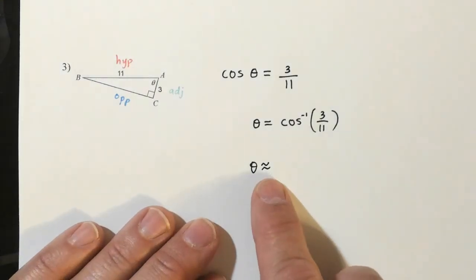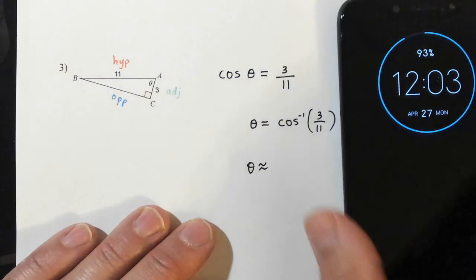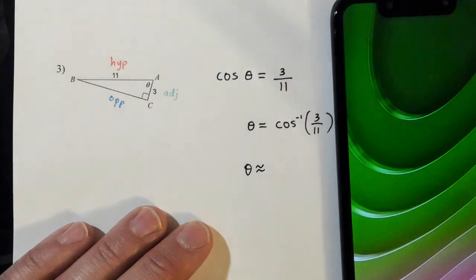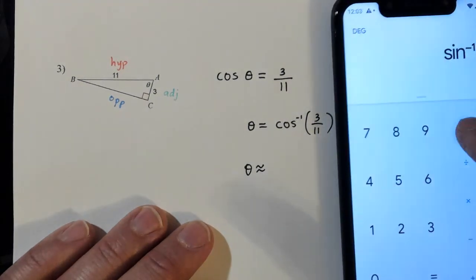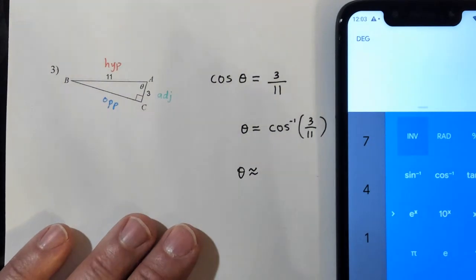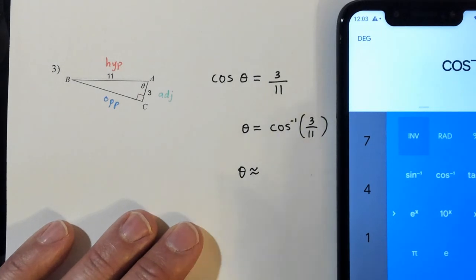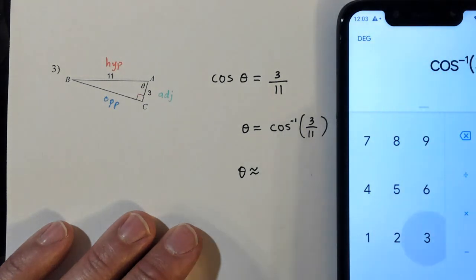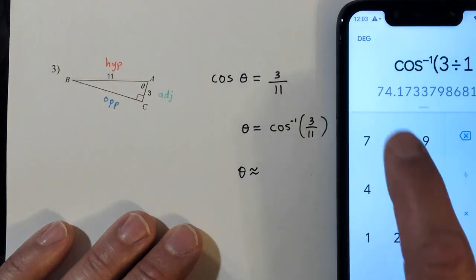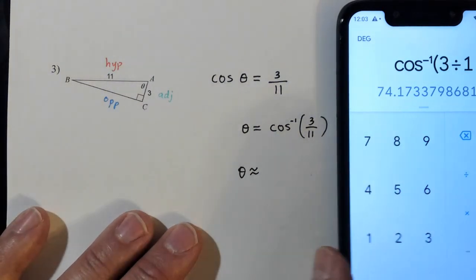I'm making the assumption that the answer is approximate. You shouldn't actually do that until you see what the calculator says. Sometimes your answer will not be approximate, it'll be exactly something. Especially next week when we are doing special right triangles, we're going to get exact answers, not approximate answers. Anyway, inverse cosine 3/11. 74 degrees. My estimate was 70, so that's pretty close.